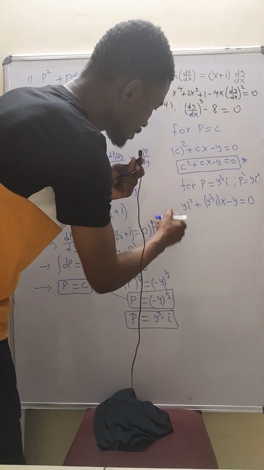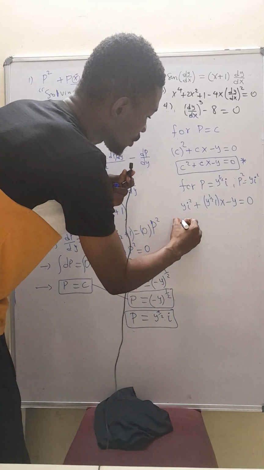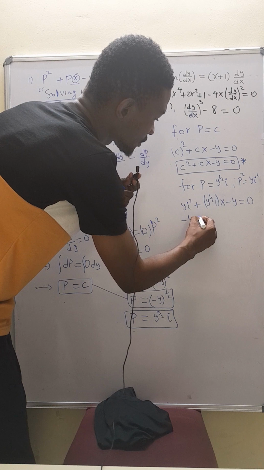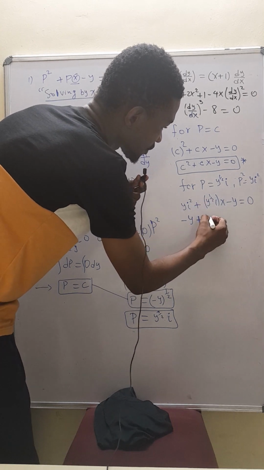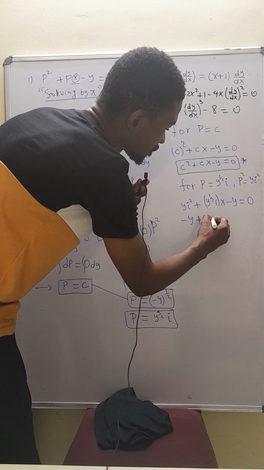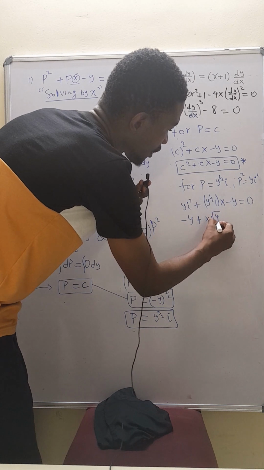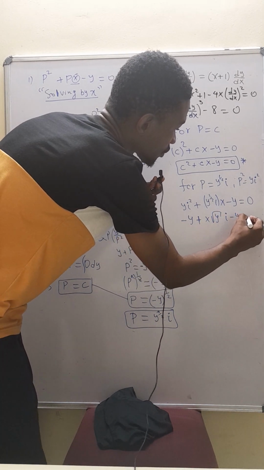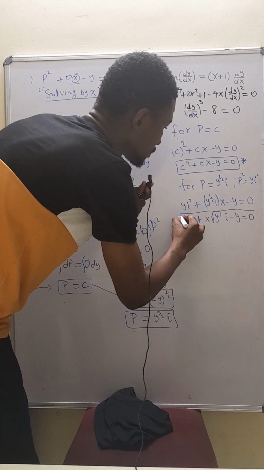I can write it this way: i squared is minus 1, so minus y, plus, and this expression stays the same, x root of y times i, minus y equal to 0.